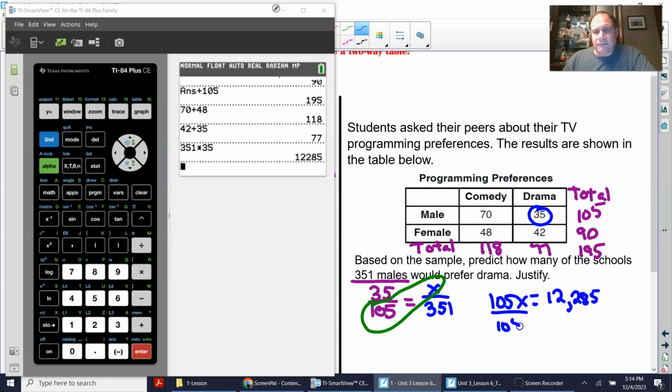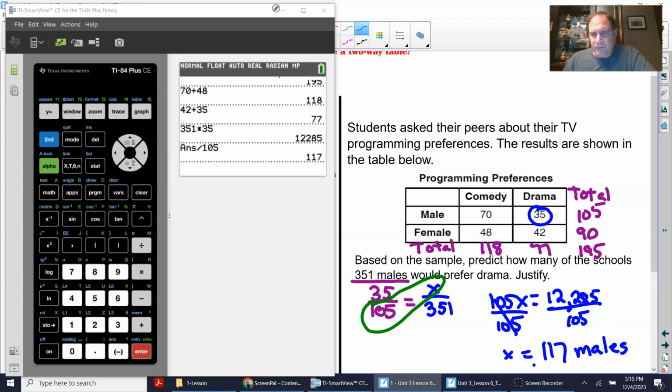Divide that by 105, and you're going to have your answer. So divide by 105, and you get 117. 117 males would prefer drama.